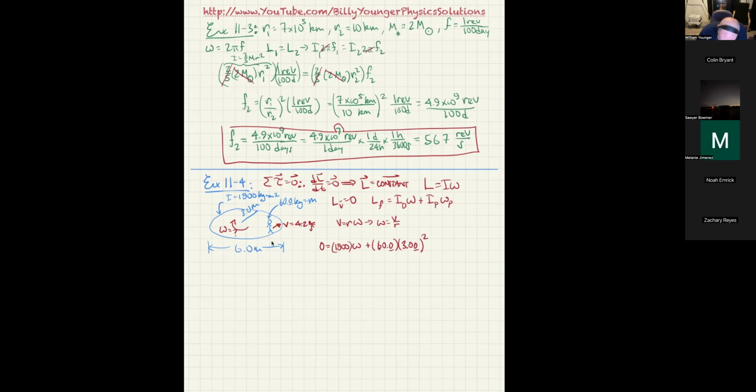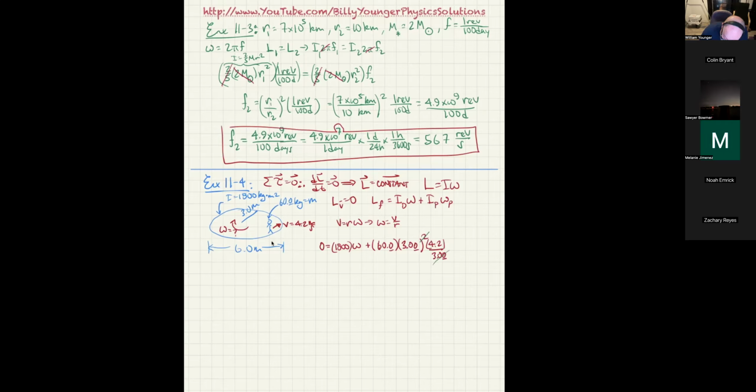So in this case, I'm going to say 4.2, and I'm going to keep off the unit. And then that's going to be 4.2 divided by 3.0 meters as well. You can see that this 3.0 is going to cancel out with that exponent of 2.